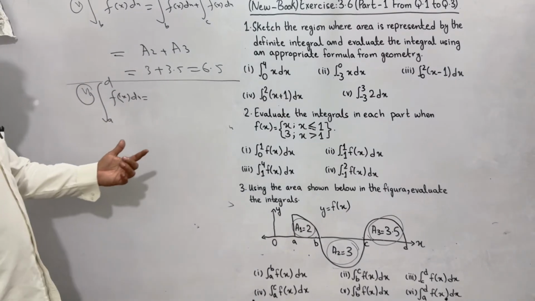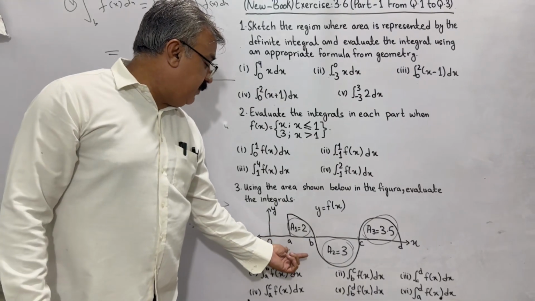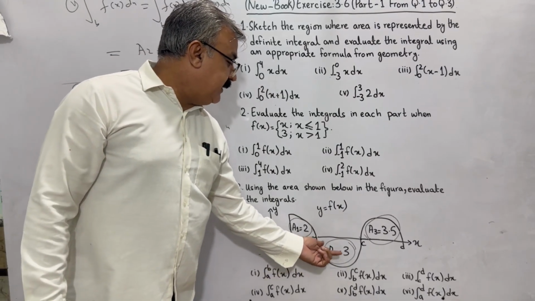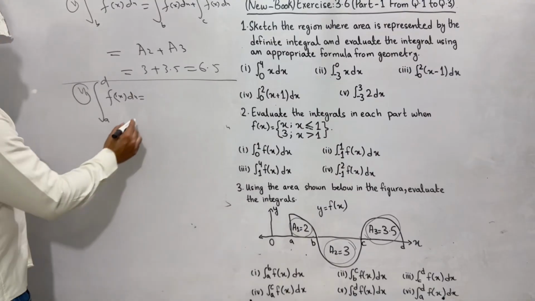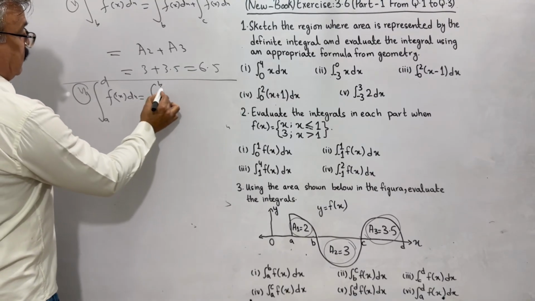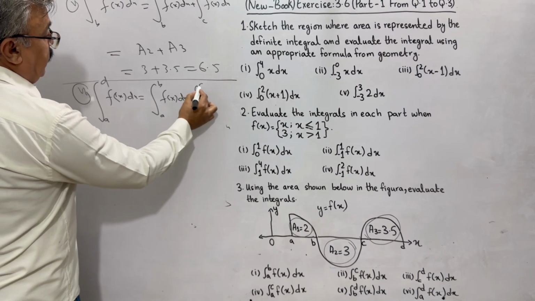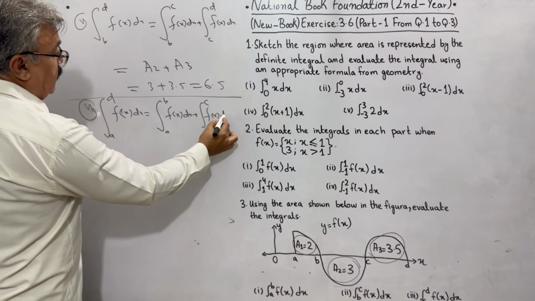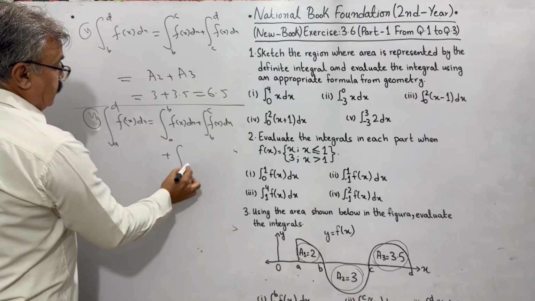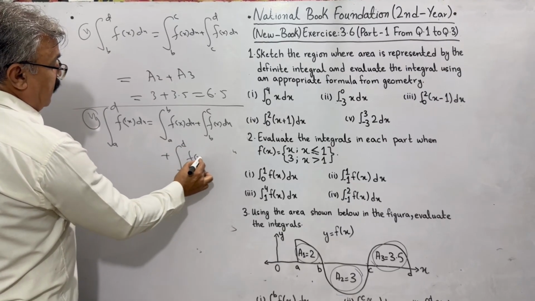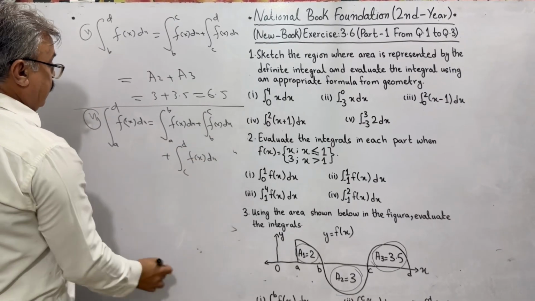According to the given partition, the first interval is A to B, second B to C, then C to D, each with f of x dx.